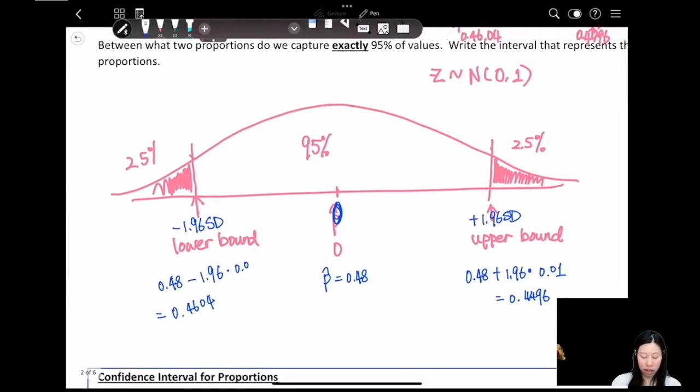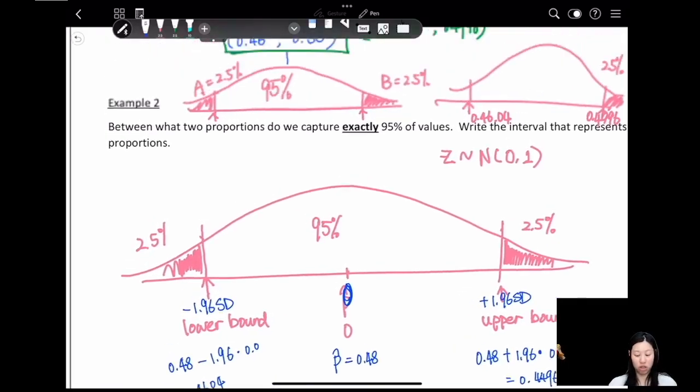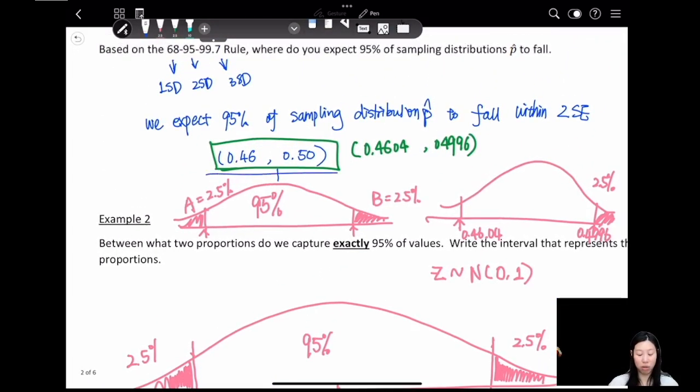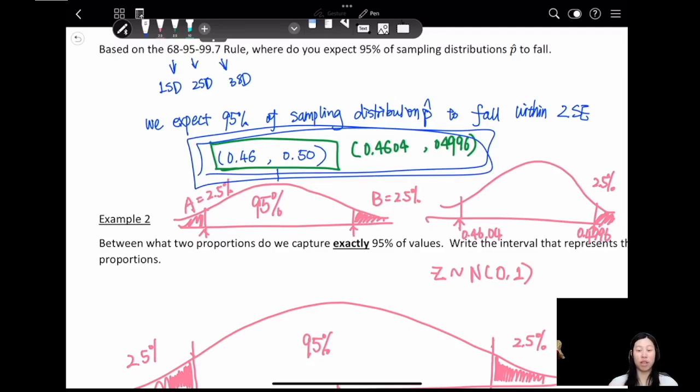So that means if we just calculate it, not using GeoGebra, we will find out that the lower bound is 0.4604, and then the upper bound would be 0.4496, which is exactly the same as when we found it on GeoGebra. So that means for a confidence interval, we can find it by calculation.